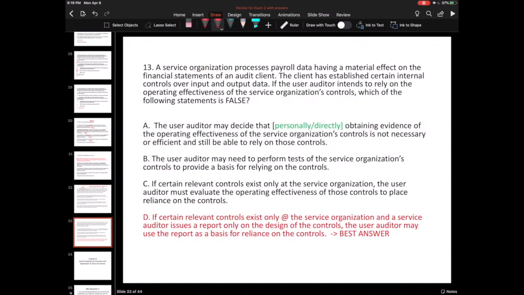And hopefully you got D, which of these is false, right?